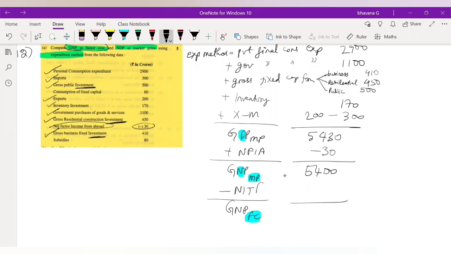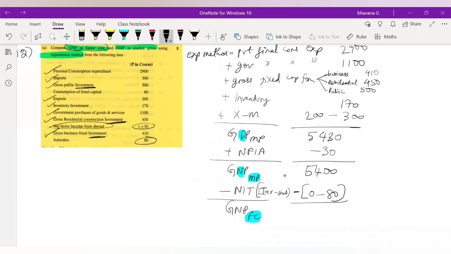Yes, net indirect taxes is nothing but your indirect tax minus subsidy. In the question they have not given you indirect tax, they have given you only subsidy. Subsidy here is 80, so you will do minus 80. So if you do 5,400 minus 80, I mean, sir, it will not be minus, so you have to do minus of minus 80, right?